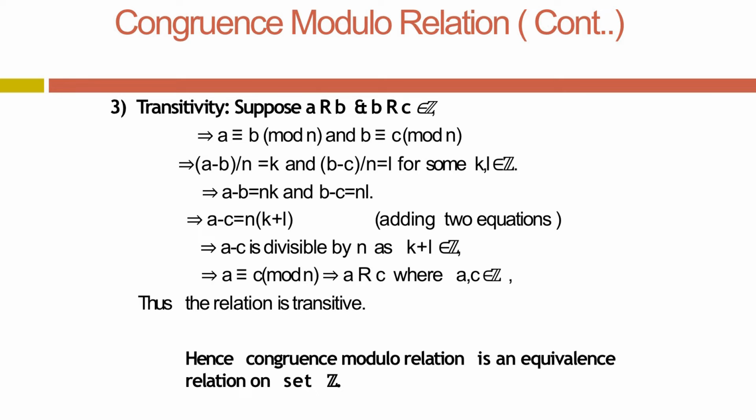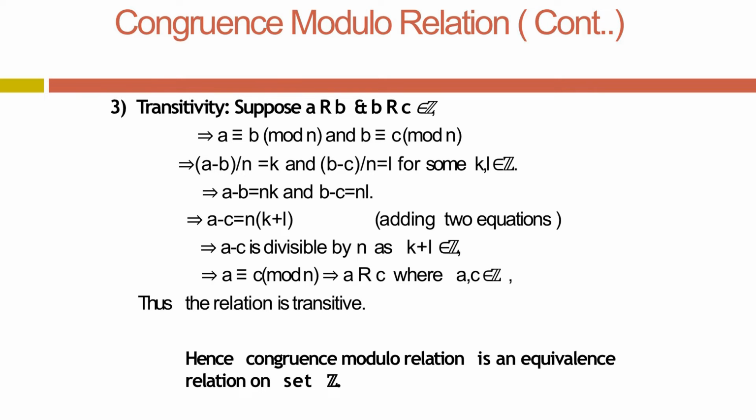That means, we consider A R B and B R C, where A, B, C are integers, we will prove that A R C. So, A R B and B R C, that means A is congruent to B mod n and B is congruent to C mod n. We will prove that A is congruent to C mod n.